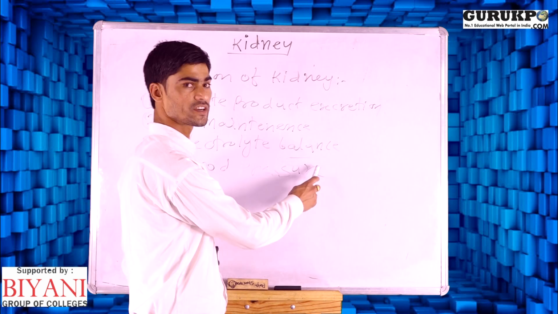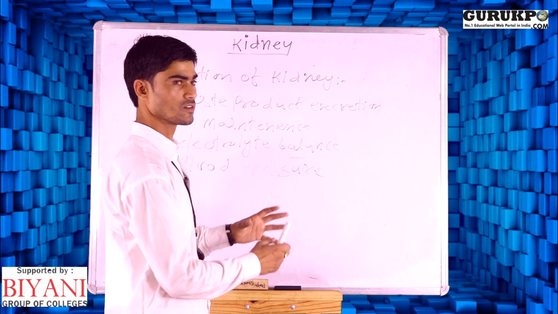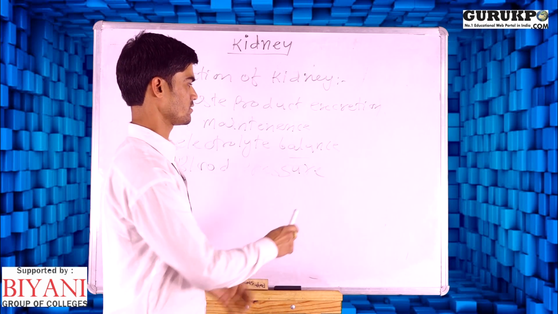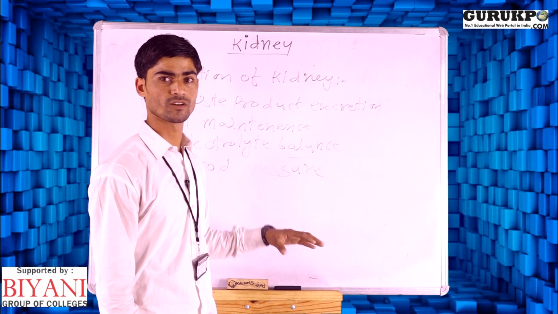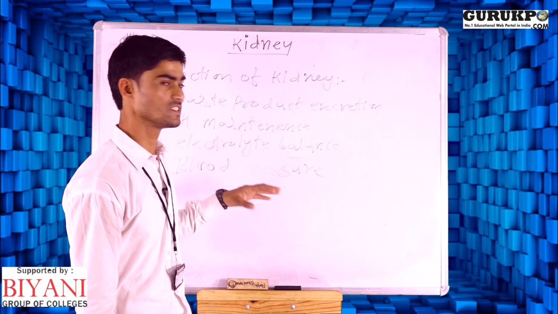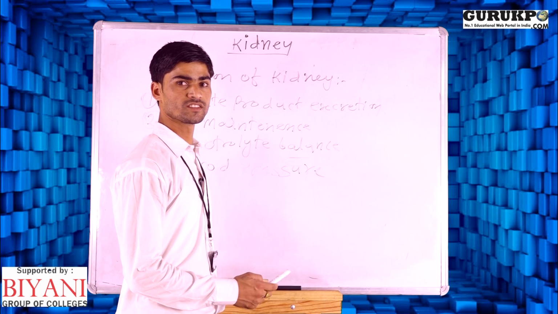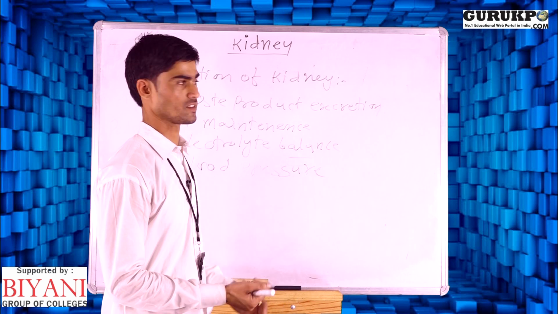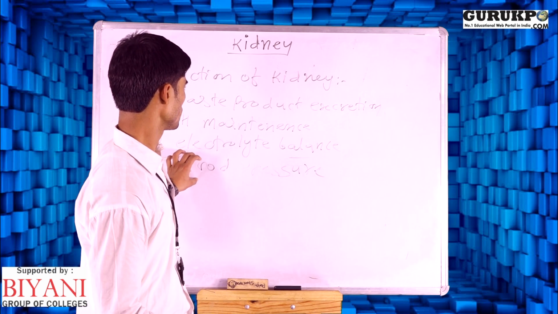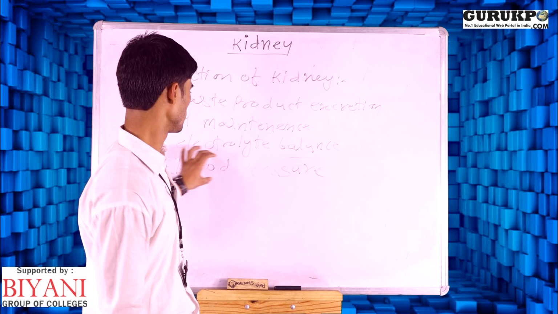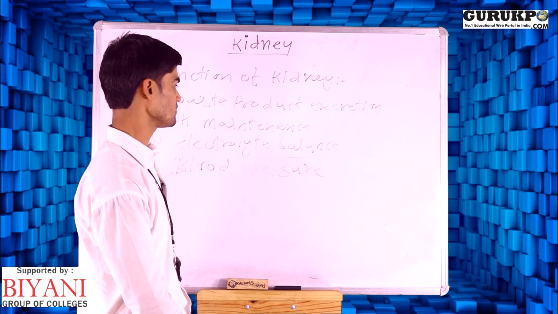I already told you that in the afferent arteriole, these cells are found. These are called juxtaglomerular apparatus. These are pressure measurement devices. So the role of kidney is blood pressure measurement.